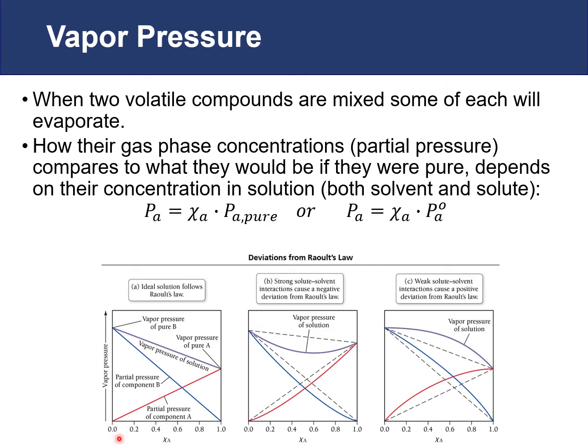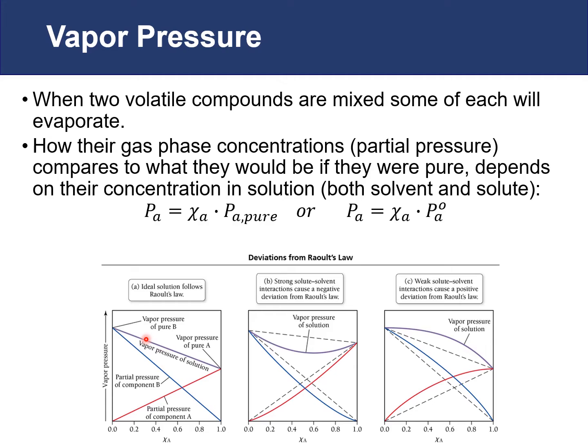If we increase the mole fraction of A, then the amount of A in the gas phase increases until we get to a point where the solution is purely A, at which point the vapor pressure is the same as A because the solution is at this point purely A. In the middle, as B decreases in concentration, the amount of B in the gas phase is lower than what it would be if it was pure. When we add the two partial pressures together, we get the total vapor pressure of the solution.